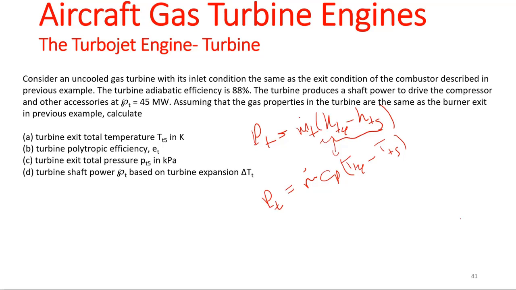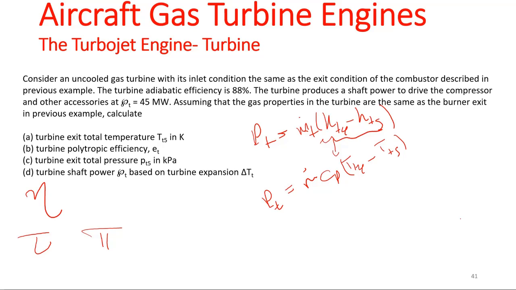No, tau of C, the temperature ratio of a compressor, sorry, right? So the symbol we use for adiabatic efficiency is eta. Eta for adiabatic efficiency, tau for temperature ratio, and pi for pressure ratio, right?